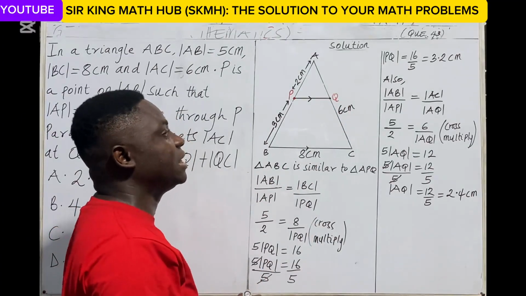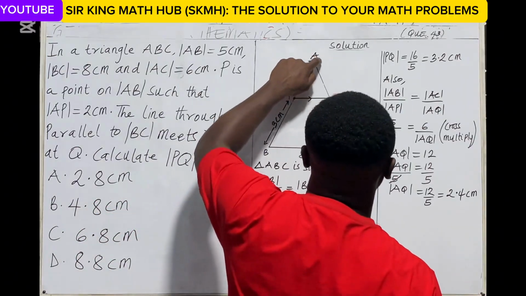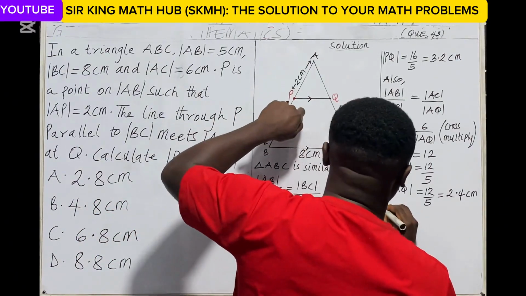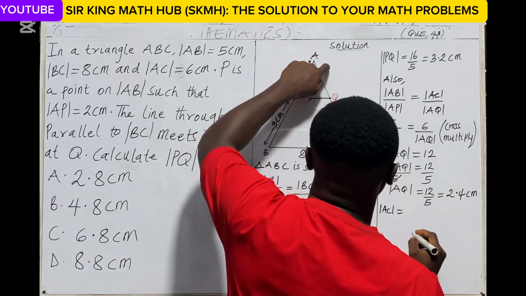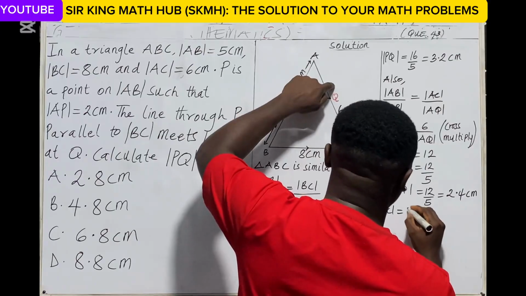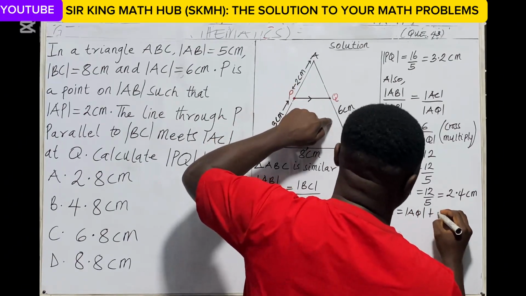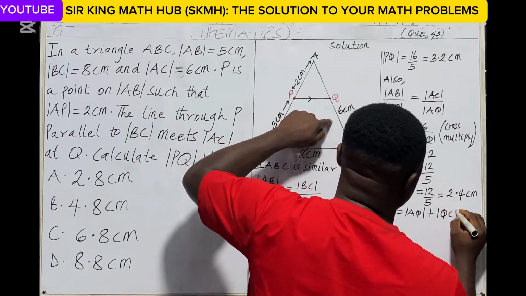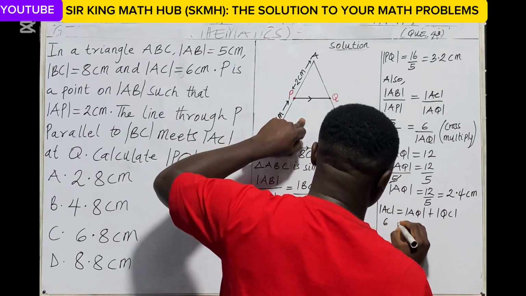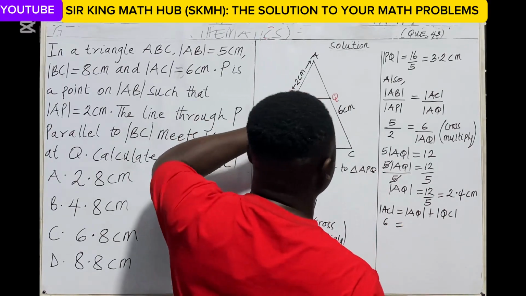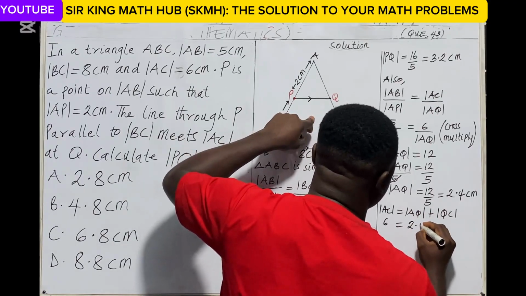So how do we calculate the length of line QC? Remember that the length of line AC is the sum of 2 lines, so line AQ plus line QC. What is the length of line AC? We have 6 centimeters. The length of line AQ, we just calculated it. We had 2.4 centimeters.